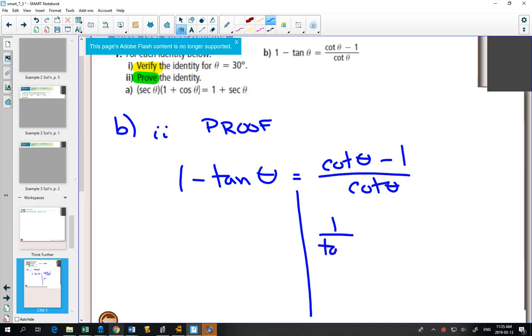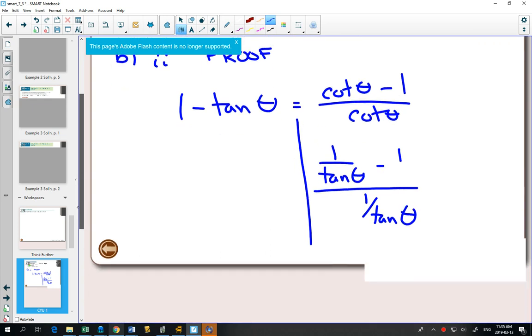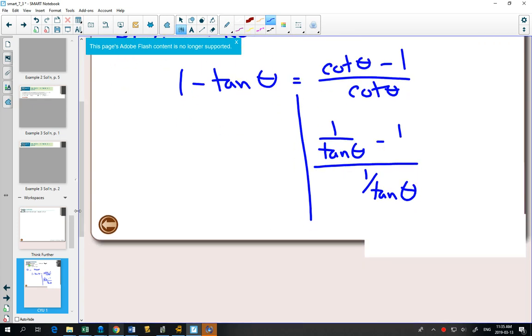Changing everything to tangent means that I have fractions inside of fractions on my right-hand side of my equation. And so once again, I'm going to want to get a single fraction on the top, multiply that 1 by tan theta over tan theta.